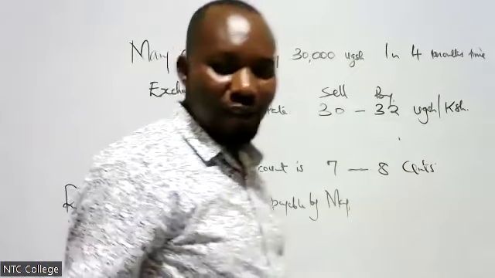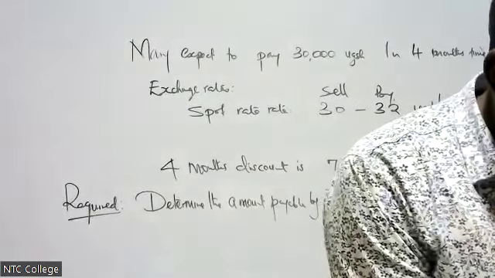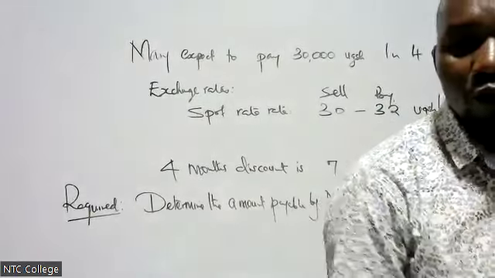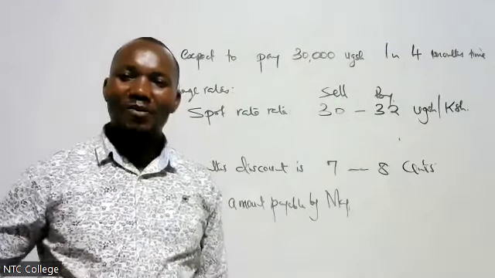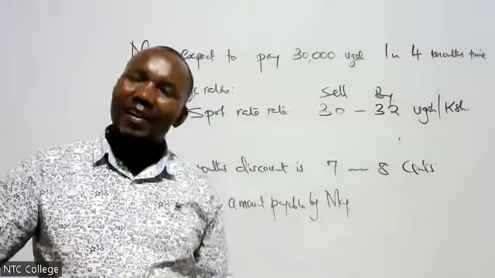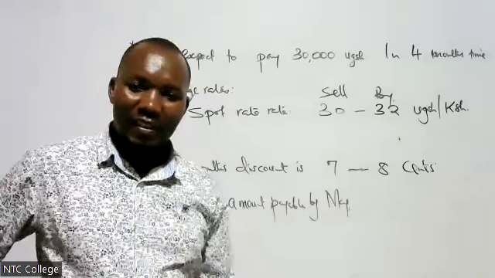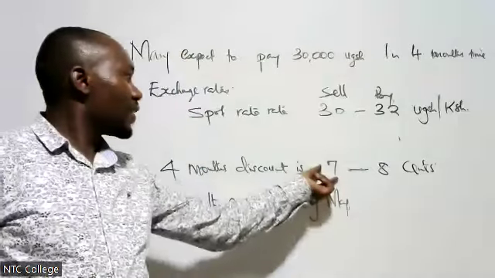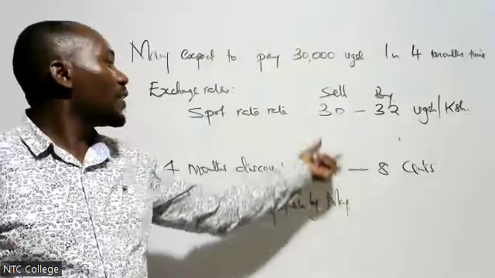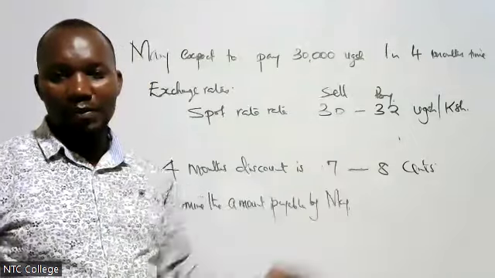Those we used in the old days, those were old as me. 100, right? So if this one is cents, convert it to shillings. Ugandan shillings. Convert, that is how many shillings?